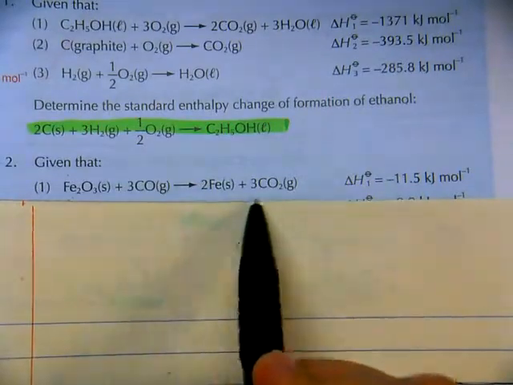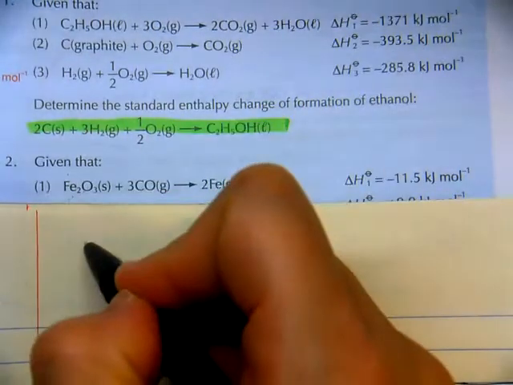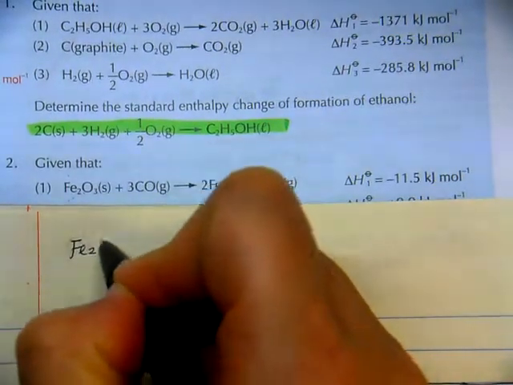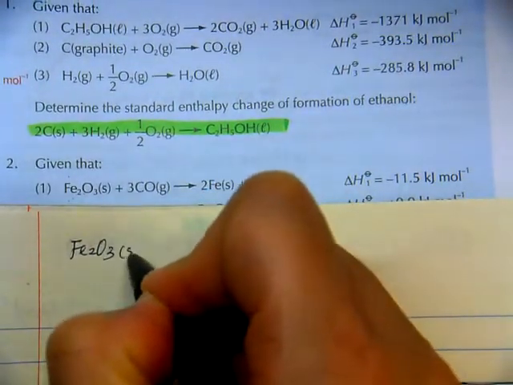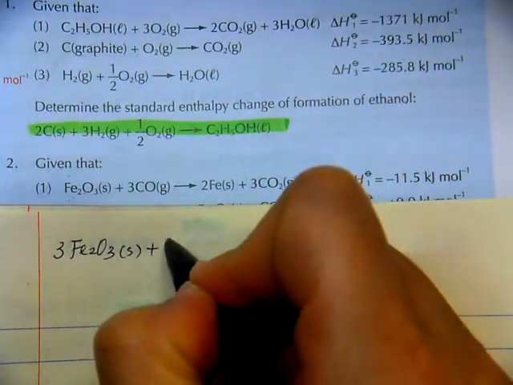First one, here we have Fe2O3 on the reactant side. So I will copy down in the same direction. Besides, I need to multiply the whole equation by 3.